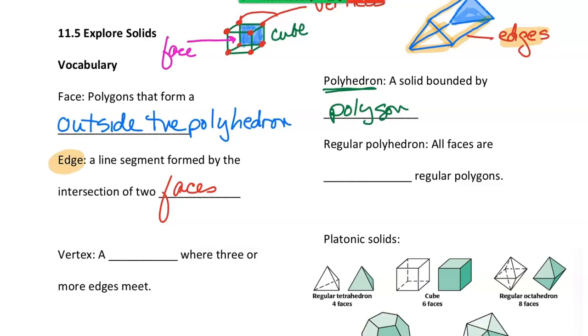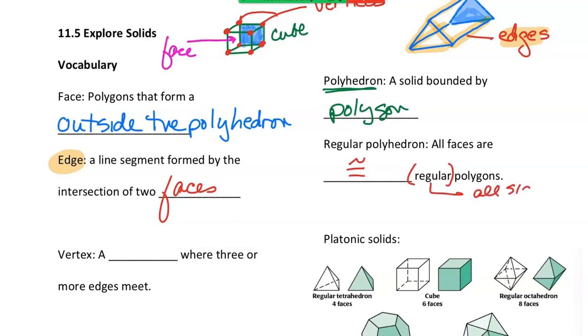Okay, a regular polyhedron. If you say a polyhedron is regular, then all the faces are congruent, regular polygons. Congruent and regular mean the same, right? Well, they're all congruent and they're all regular. So what does regular mean?